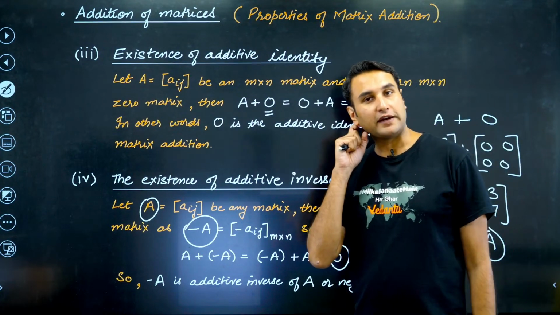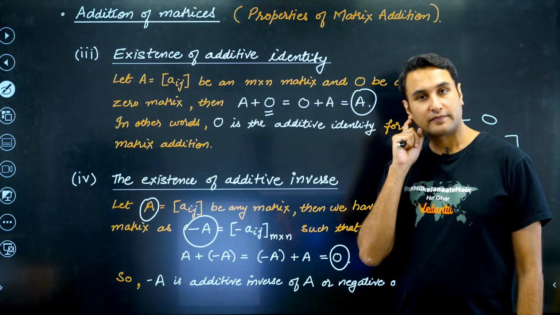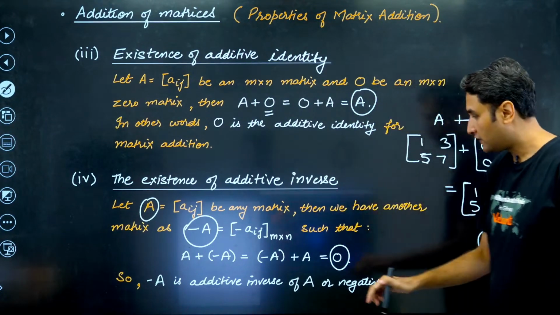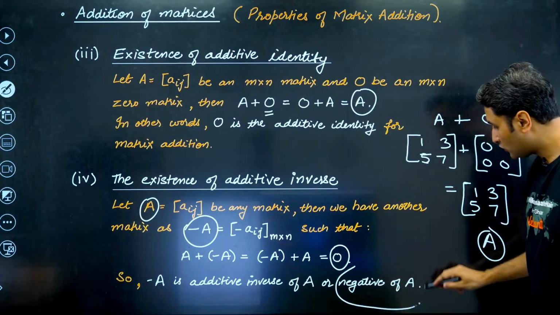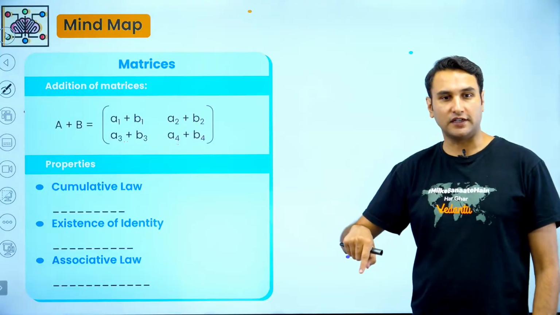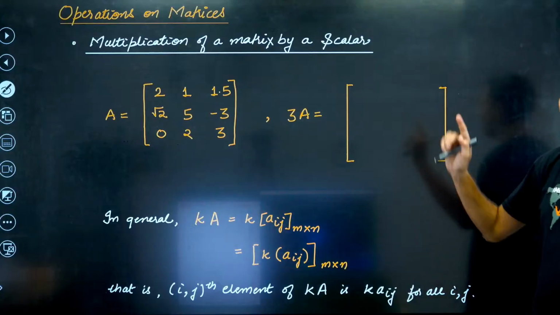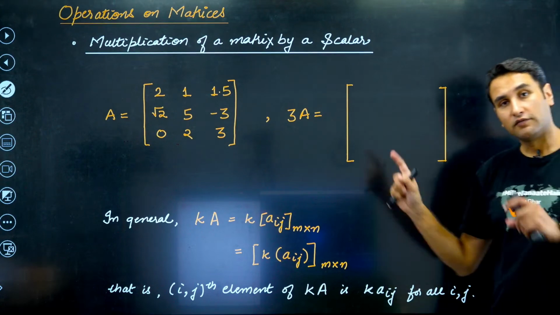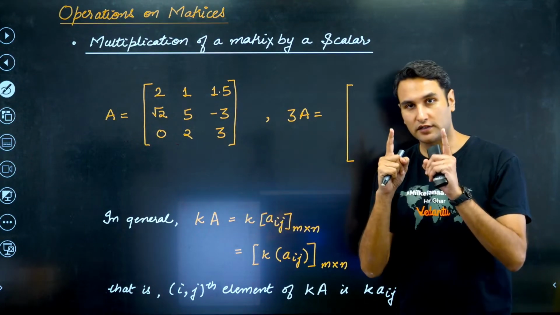What is minus A? Now we'll come to that. We'll call it the negative of a matrix, the negative of A. To get to the negative of A, let us first study one thing: multiplication of a matrix by a scalar. We'll come back to the negative matrix in a while.